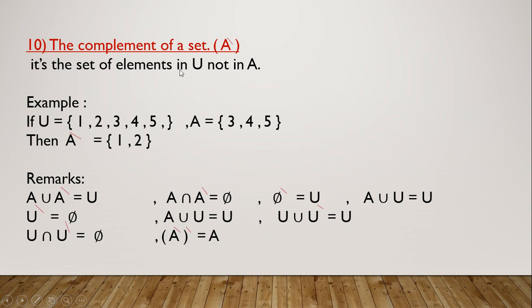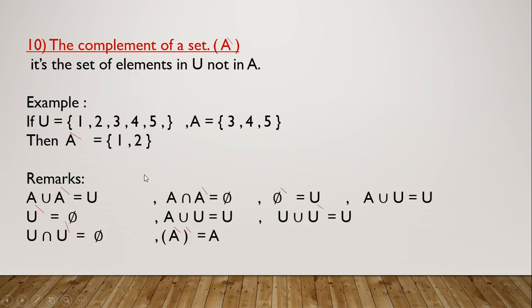It is the set of elements in the universal not in A. So A dash is the elements in the universal not in A. Okay? If the universal is {1, 2, 3, 4, 5} and A is {3, 4, 5}, then A dash is all the elements that belong to the universal and don't belong to A. So 1 and 2. So A dash is all the elements in U except the elements in A.